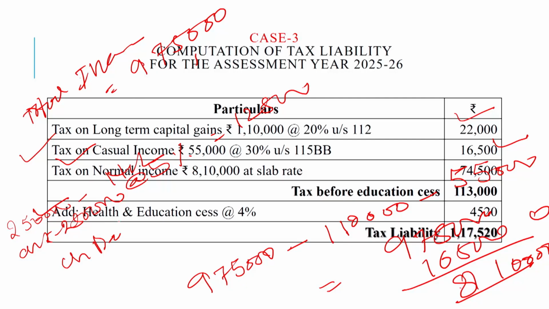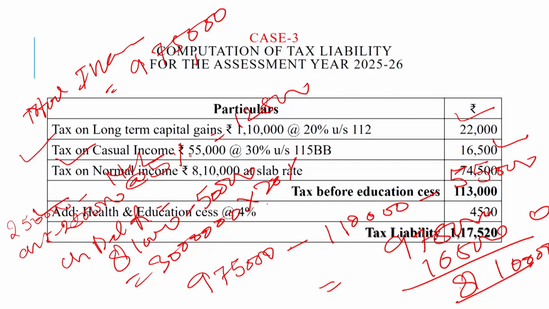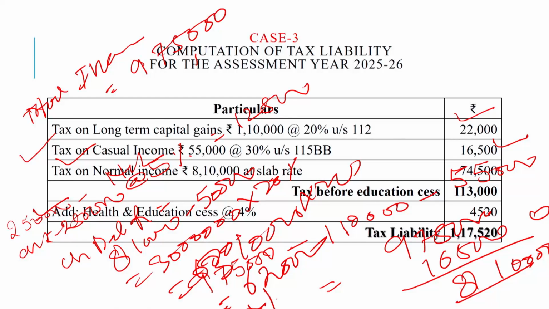On the balance, 8,10,000 minus 5 lakh is equal to 3 lakh. 20% of 3 lakh is 60,000. On 3,10,000, 20% is 62,000, plus 12,500 is equal to 74,500. So 74,500 has come.